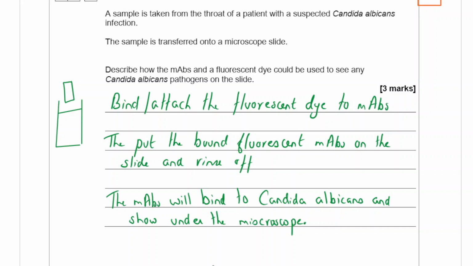Now it's a fluorescent dye. It might actually light up under a UV lamp as well. So, or show up or light up under a UV lamp.